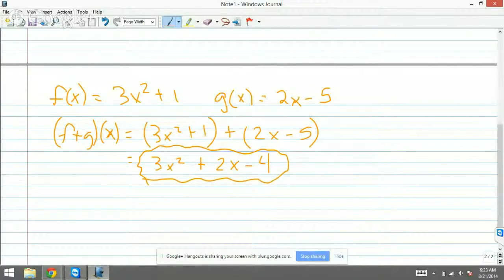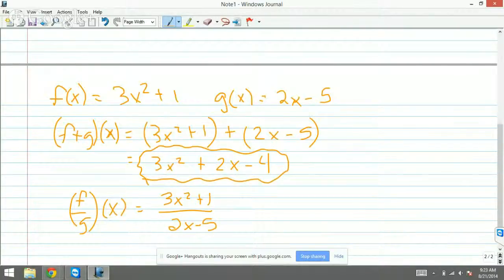What if I wanted to multiply those, what method would I use? FOIL. Yeah, you just FOIL them together. Okay. But I do want to show you the division. Most of the time, the division one's going to be pretty easy to write down.